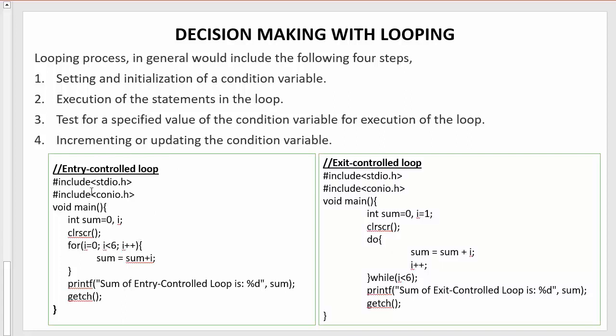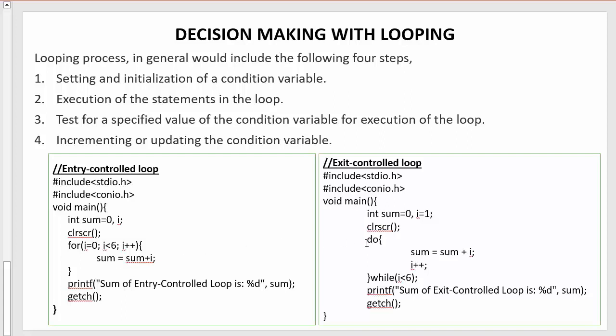Okay, now let us try to understand how you can write the C code for both the entry control loop and exit control loop, and what difference you may observe. We will see this with the help of these two examples. These two examples are to find the sum of 6 numbers: 0, 1, 2, 3, 4, 5.